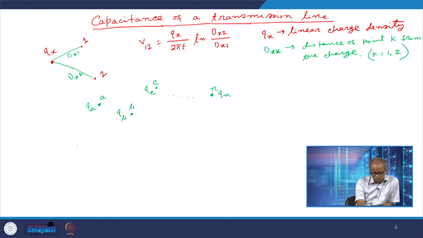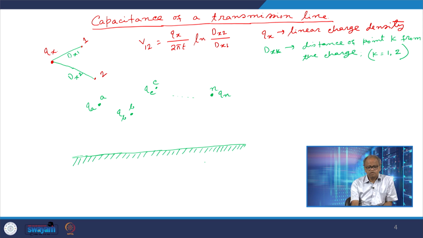And then we also have the presence of ground. So there is a ground. And we know from our basic electromagnetic field theory concepts that the presence of this ground, which is essentially considered to be a hugely conducting surface, the effect of this hugely conducting surface on these conductors can be represented by equivalent image charges, where the image charges of all these conductors are located at the reflected point.